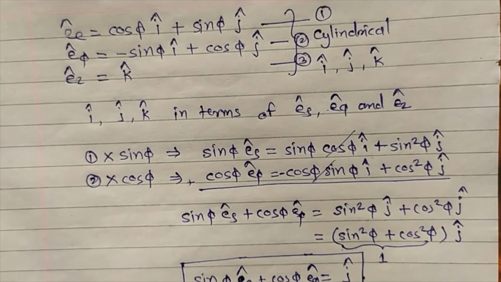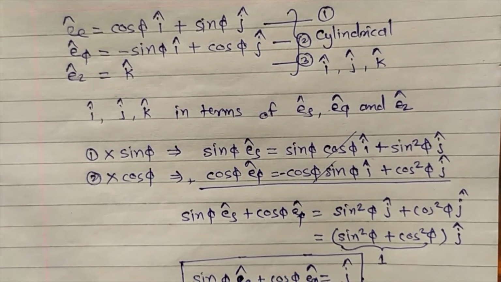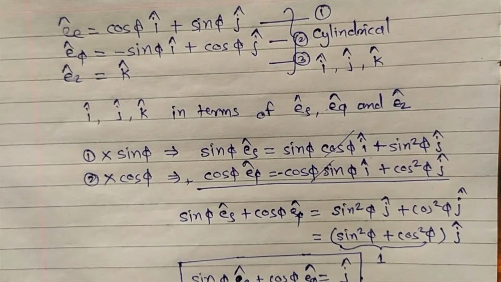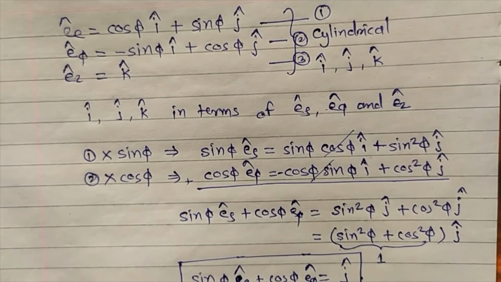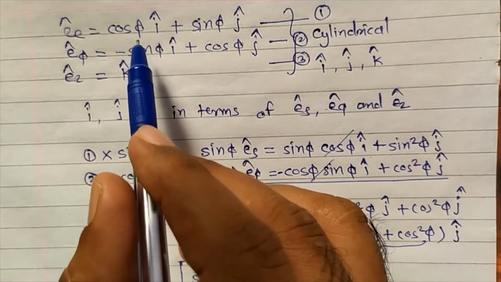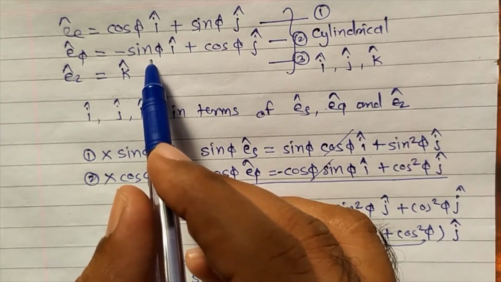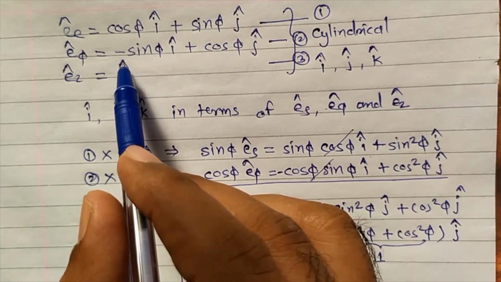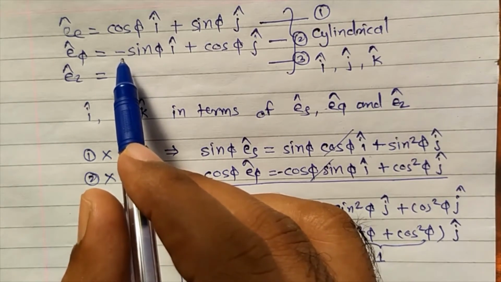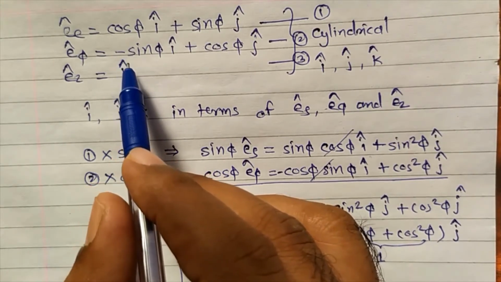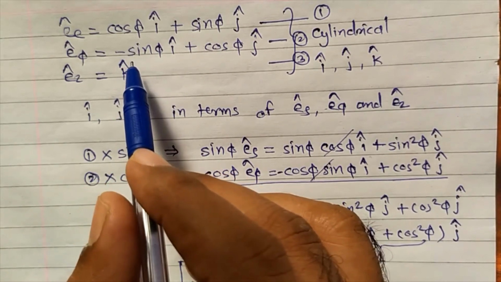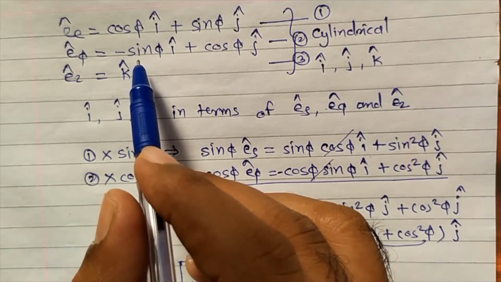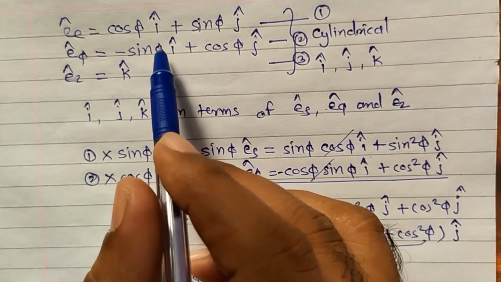Again we have to go to our first equations. What I saw is that there is a cos square term here and a sin square term here, and if I subtract them, since there is a negative sign, the sign will become positive and I will get the cos square plus sin square term, and there will be i cap.